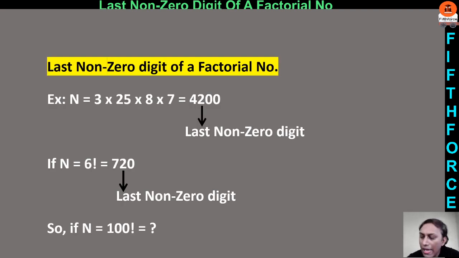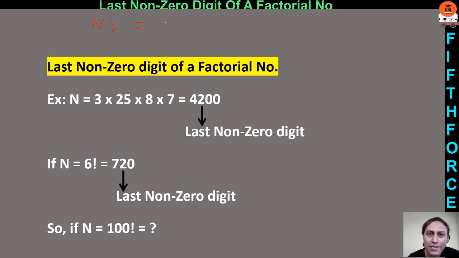Okay. So guys, before moving ahead, just a quick recap. What is factorial number? When I say n factorial, what does it mean? Most of you know, but just let me quickly revise this concept.